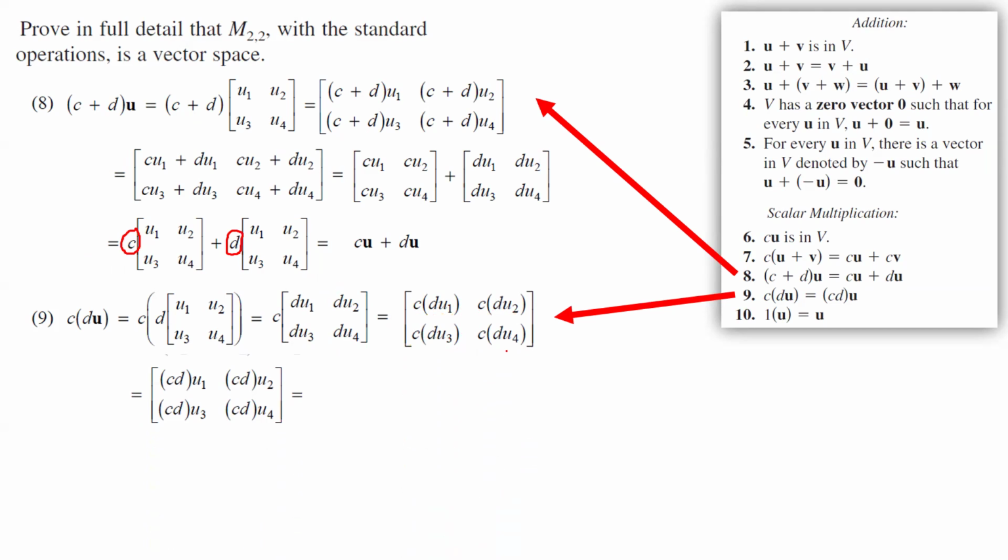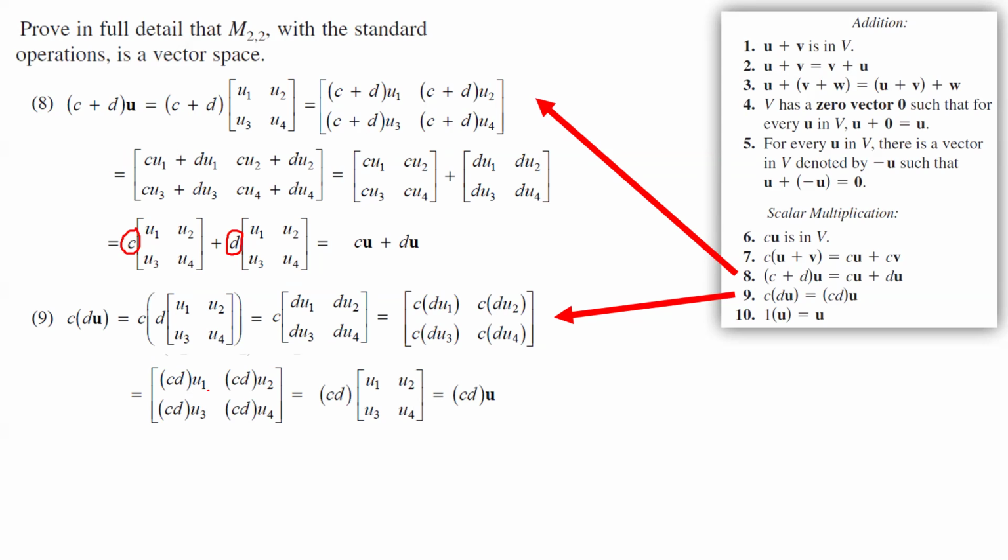Now, what we learned from algebra, we can group C and D together. So that's how you end up with CD grouped together in parentheses multiplied by U1. Now, using the scalar multiplication property, you can write that CD multiplied by vector U. This vector is nothing but a 2 by 2 matrix.